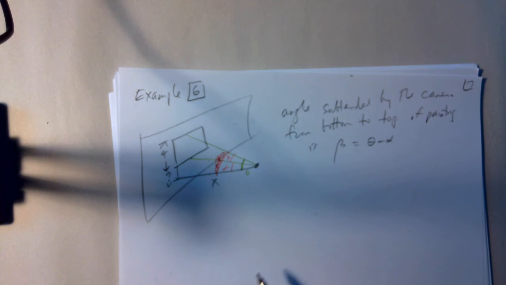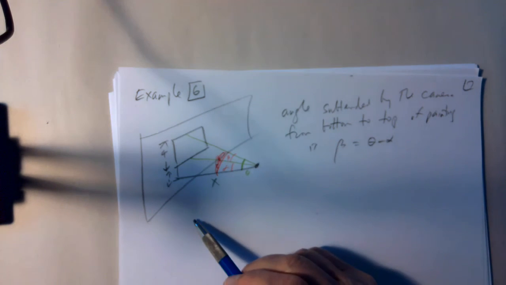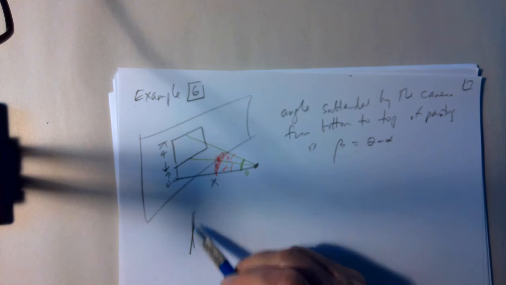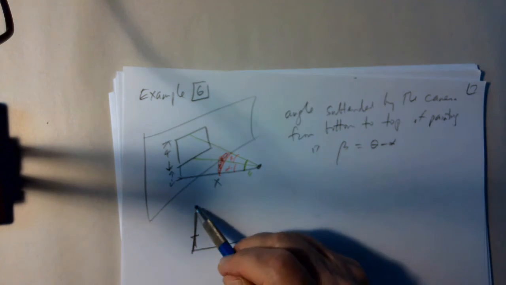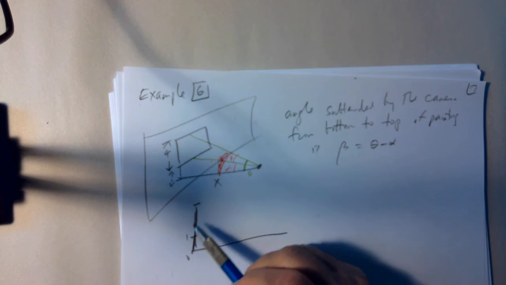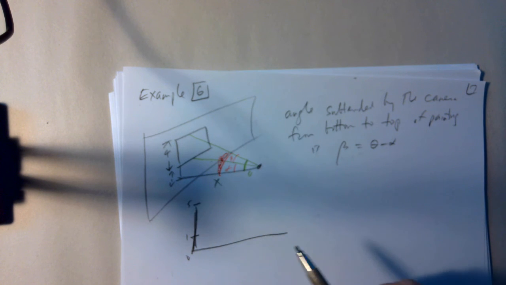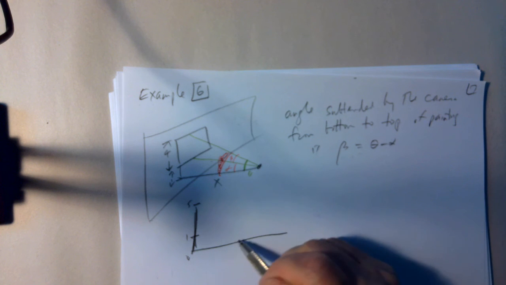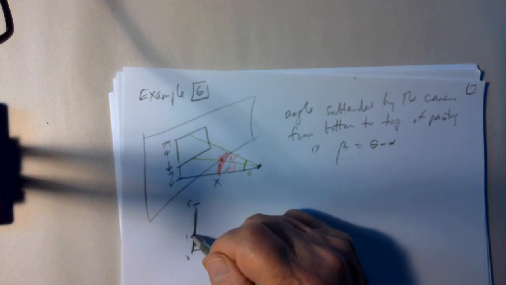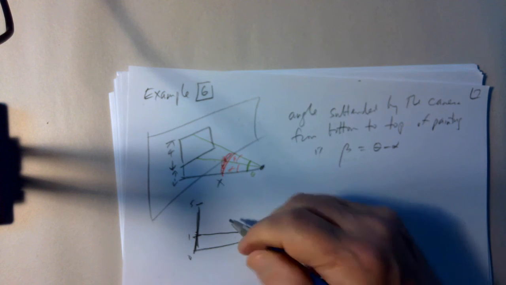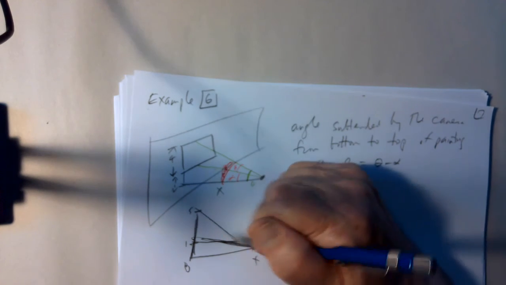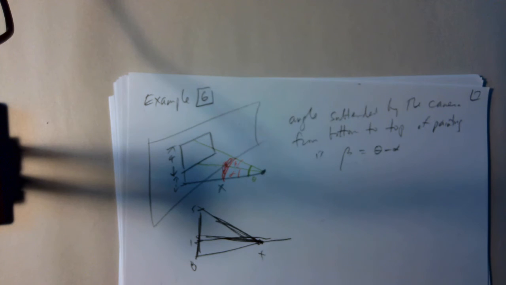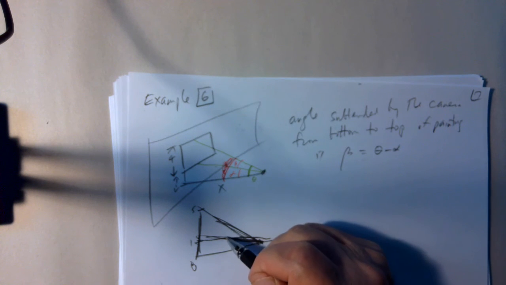So let me draw another picture of this, so it's not in three-dimensional perspective. This is 0, this is 1, this is 4 feet higher, so it's 5. I have, for some point x, zero x, this angle beta.